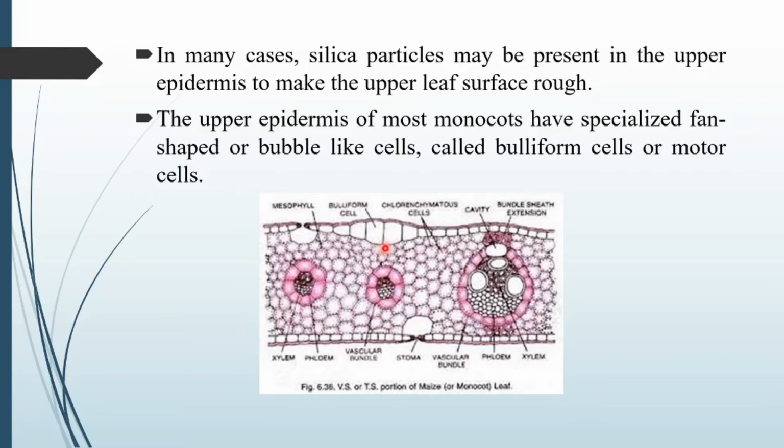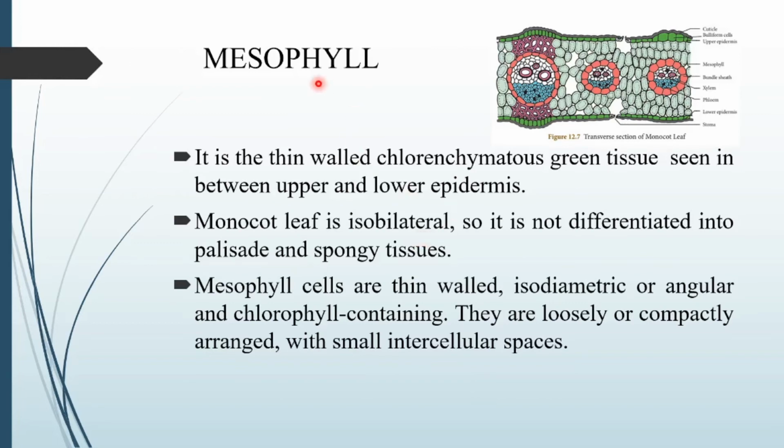Unrolling occurs by the rapid gain of water during wet conditions. So this is the important character of the monocot leaf called bulliform cells or motor cells.